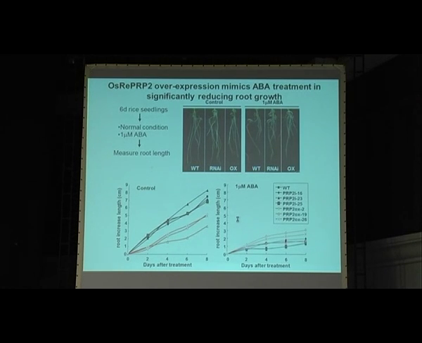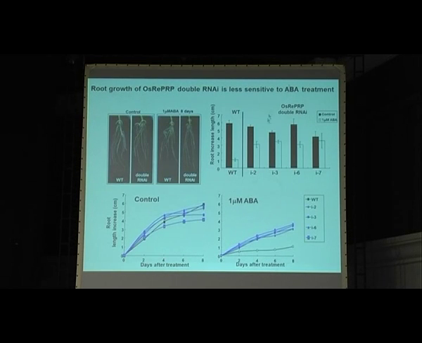Let me see whether I could advance the slide. Yes, okay. And if you do the reversal, if you RNAi, since there are two sets of genes, we do the double RNAi because single RNAi does not work. If you do the double RNAi, the root becomes less sensitive to ABA. So this is important now.